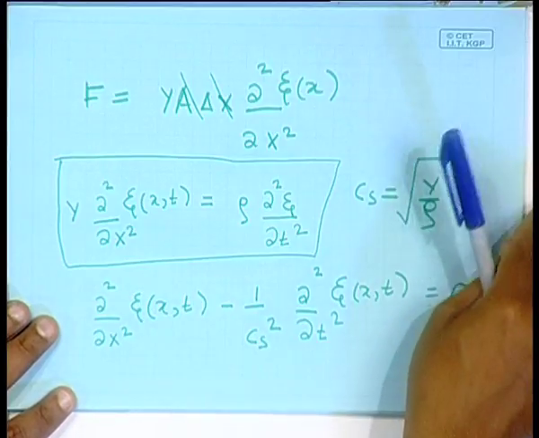So, what we see is that we have a solid which is made up of some kind of an elastic material. You put a disturbance in that elastic material, and the evolution of that disturbance in the elastic medium is governed by the wave equation. This is the first thing that we see.